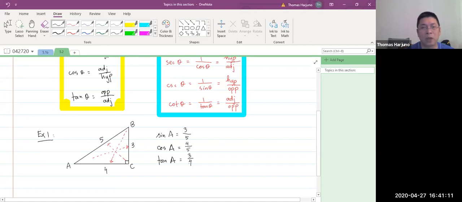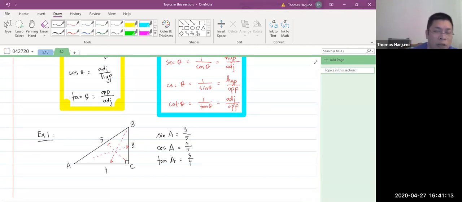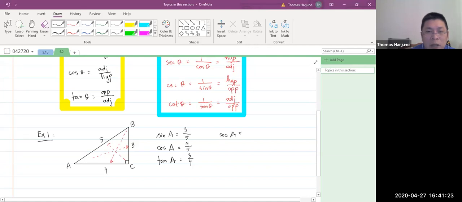Okay. Now, secant, cosecant, and cotangent are the reciprocals of these three. For example, secant A is the reciprocal of cosine. That will be 5 over 4.